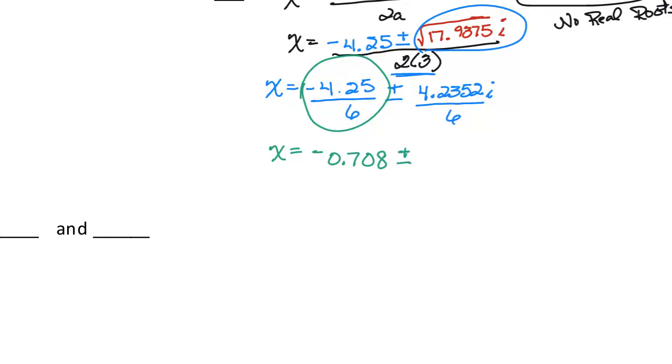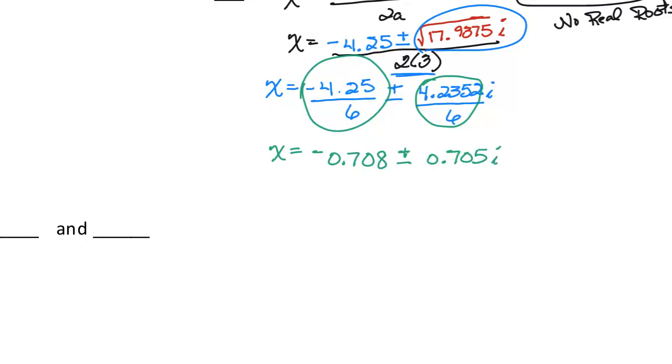Plus or minus, now I'm going to take that 4.2352 and divide it by 6. Divided by 6 is 0.705. 0.705, that's this amount, times i.